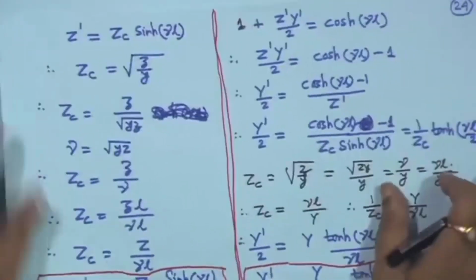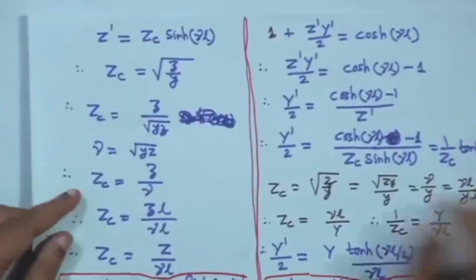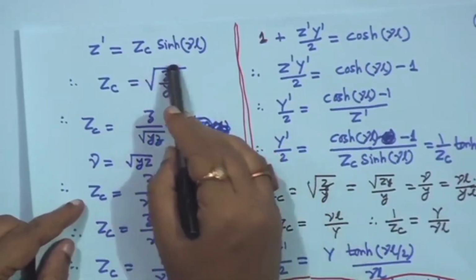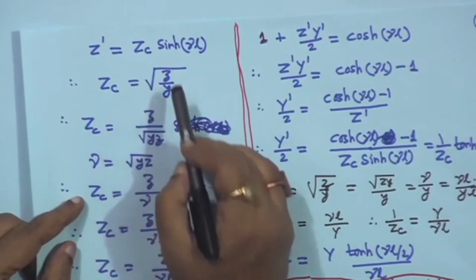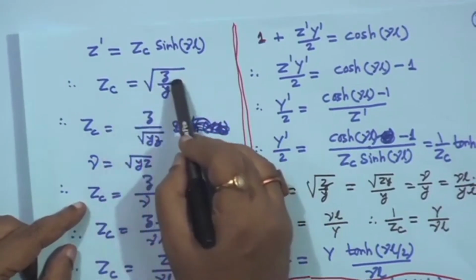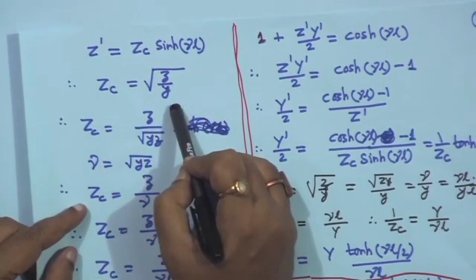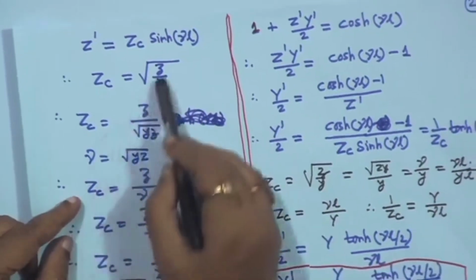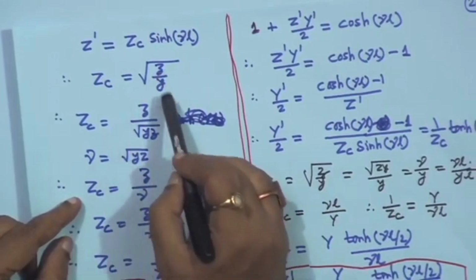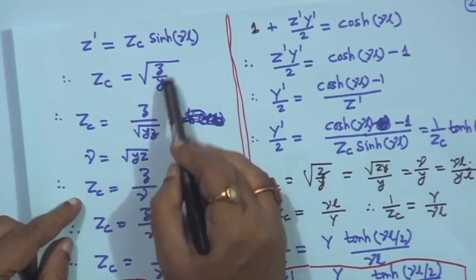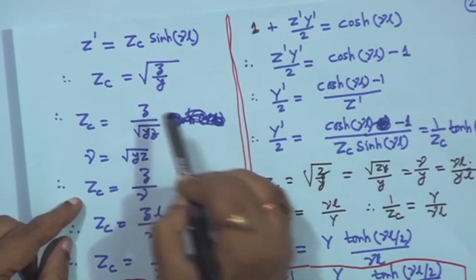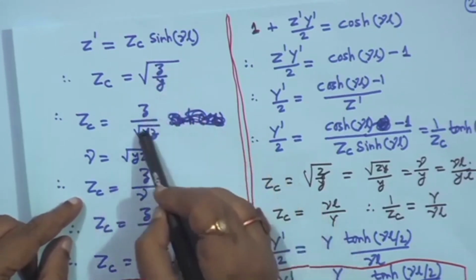I am coming to that. Next, Z dash is equal to ZC sinh gamma L. We know ZC is equal to root over small z by small y, as we defined earlier. In numerator and denominator, you multiply by z, so z square, and z will come out of the root, and it will be z over root over yz.